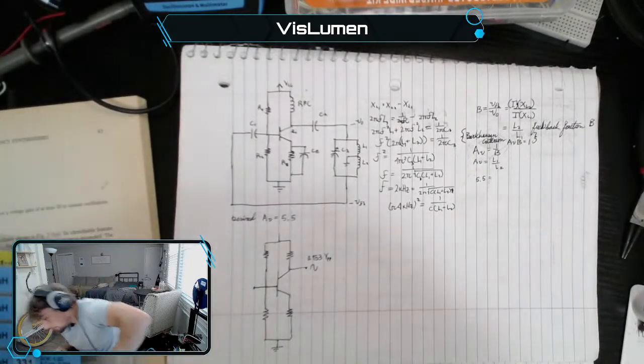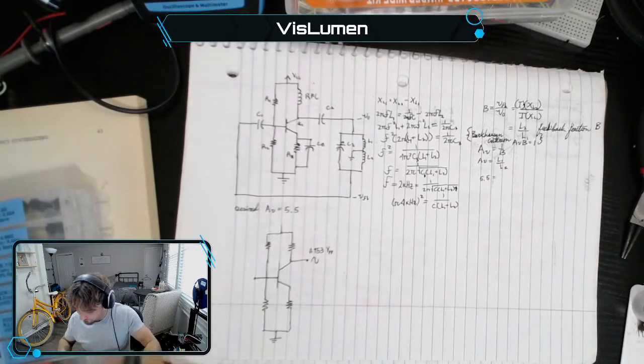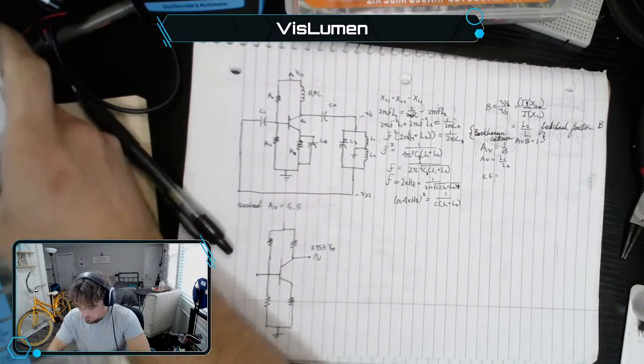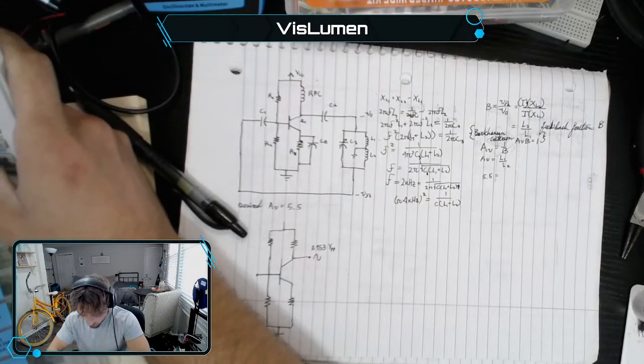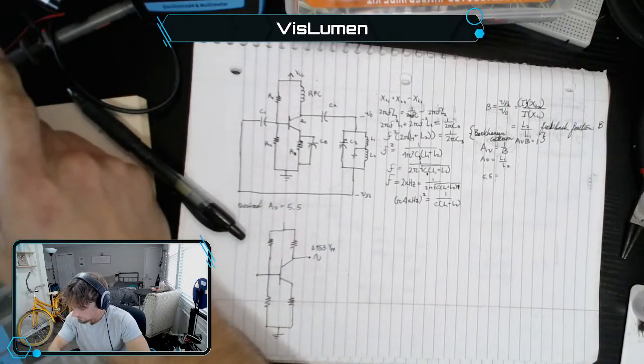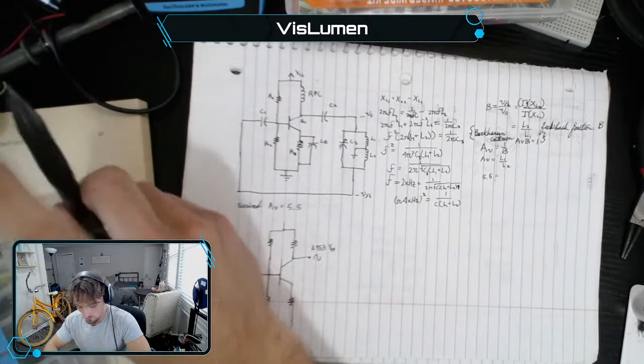Okay. So let's say we got L1 over L2. So L1 equals 5.5 L2.